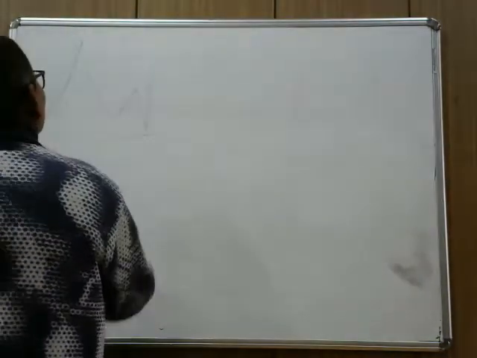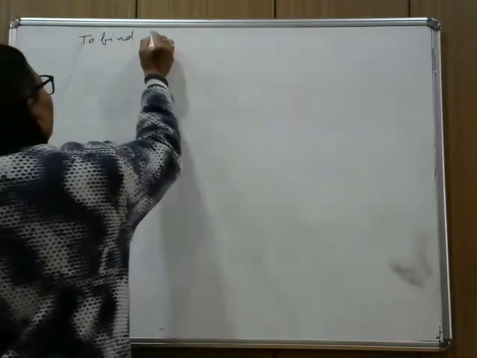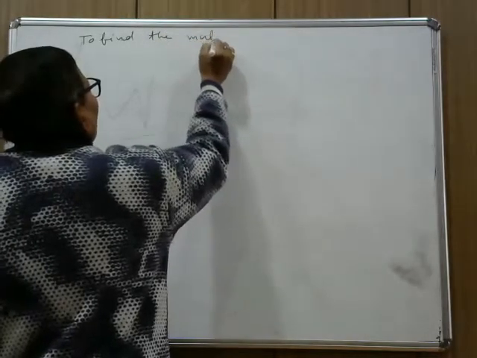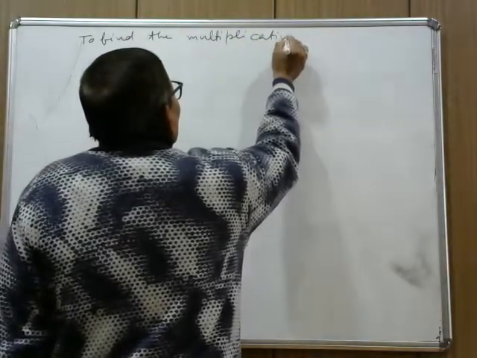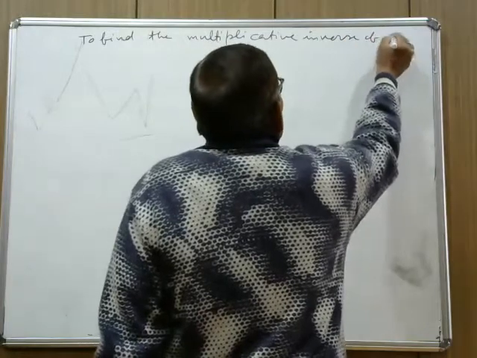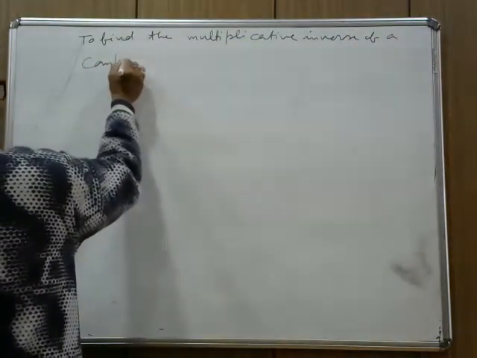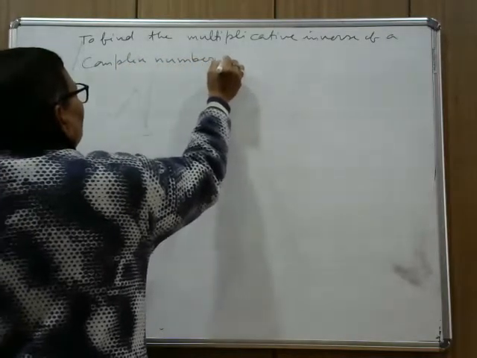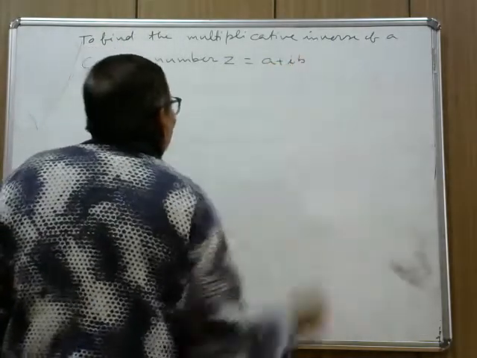To find the multiplicative inverse of a complex number z equal to a plus ib.